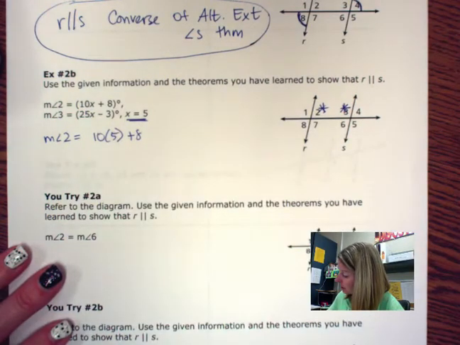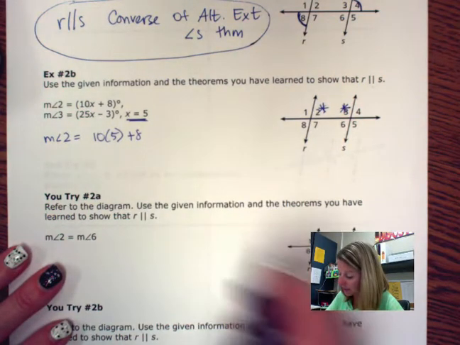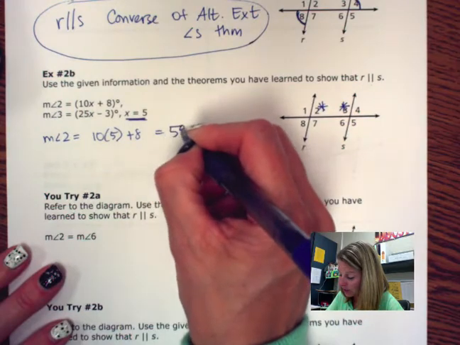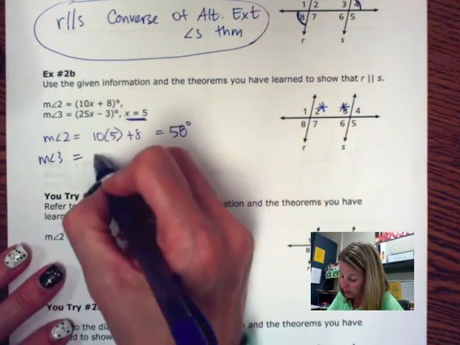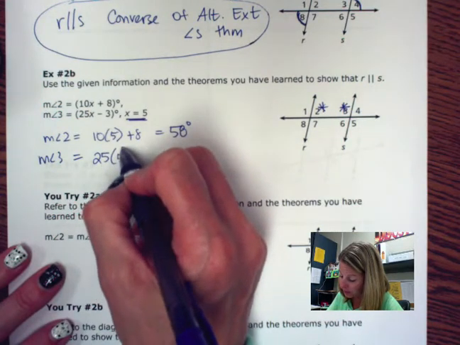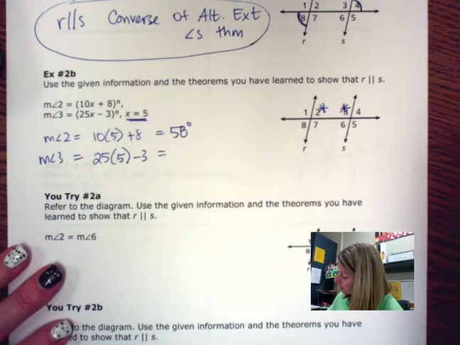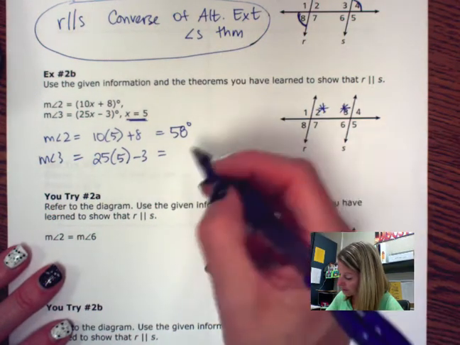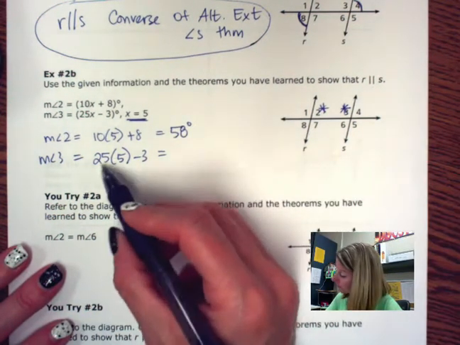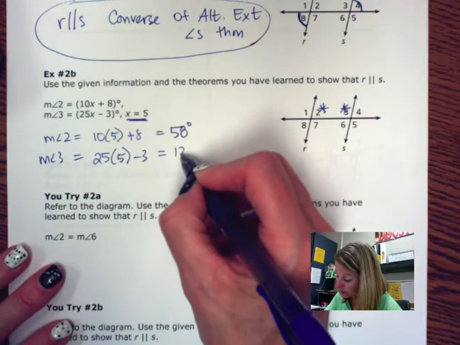So 10 times 5 plus 8, I get 58 degrees. And then the measure of angle 3, I get 25 times 5 minus 3. So 25 times 5 is 75 minus 3. No, not 25 times 3. 25 times 5 minus 3 is 122 degrees.